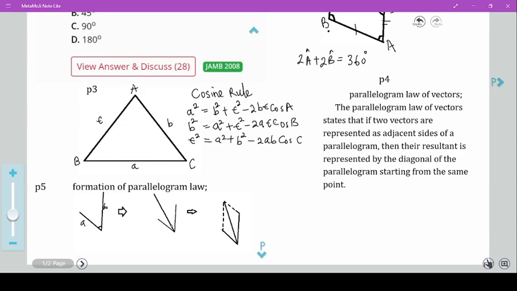Just like you can see in this diagram, the only way you can resolve problems like this is acknowledging the symmetry of the diagram, the fact that this side can be reflected here and this side can be reflected here to create a parallelogram, of which you can use the concepts to solve these problems on vectors.